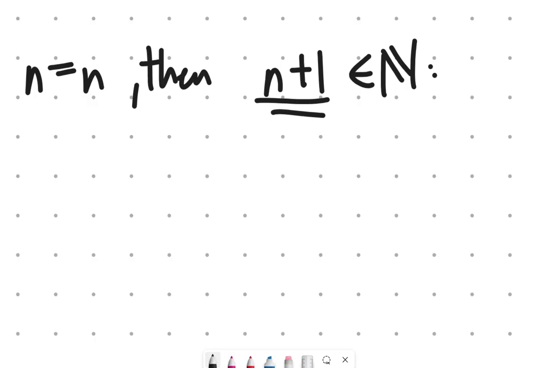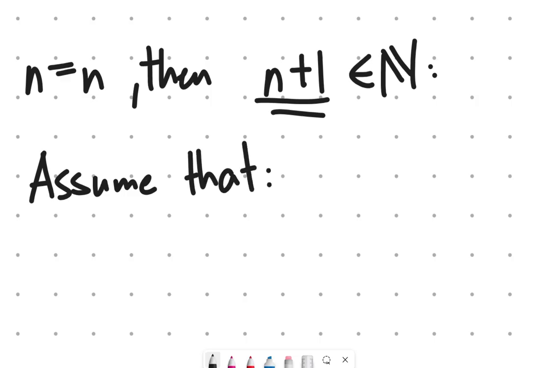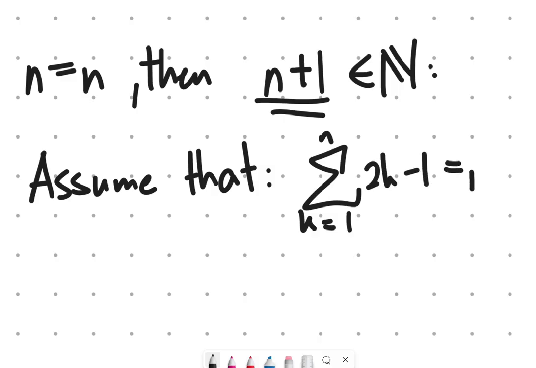So let's assume that the sum where k goes from 1 to n of 2k minus 1 is just equal to n squared. Let's just assume it. And then we're going to say, okay, I want to sum it up until n plus 1.